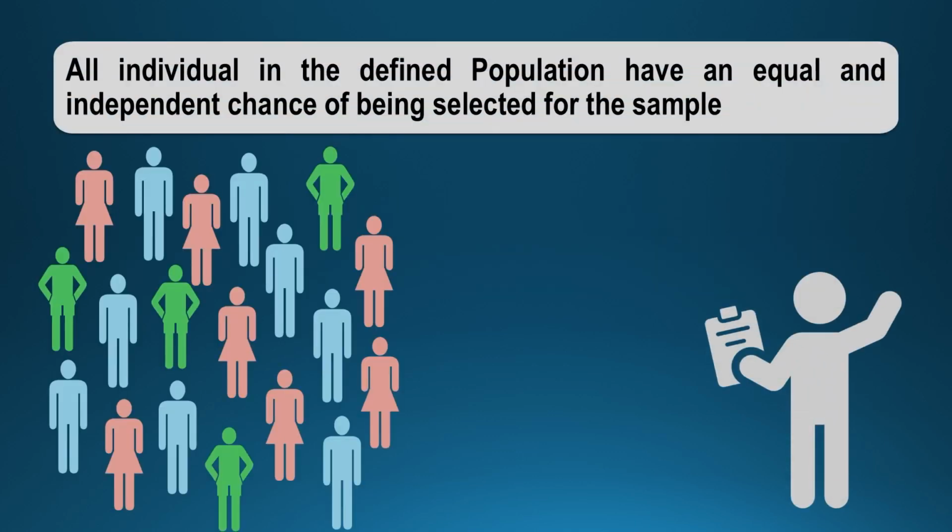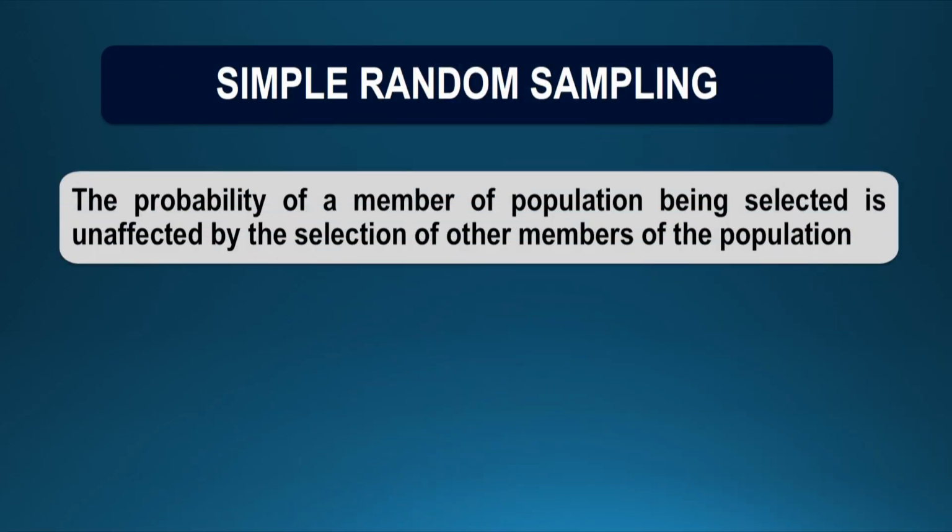In simple random sampling, all individuals in the defined population have an equal and independent chance of being selected for the sample. Independent chance means that one individual is selected, but the selection of that individual does not affect the selection of other individuals in that sample in any way.